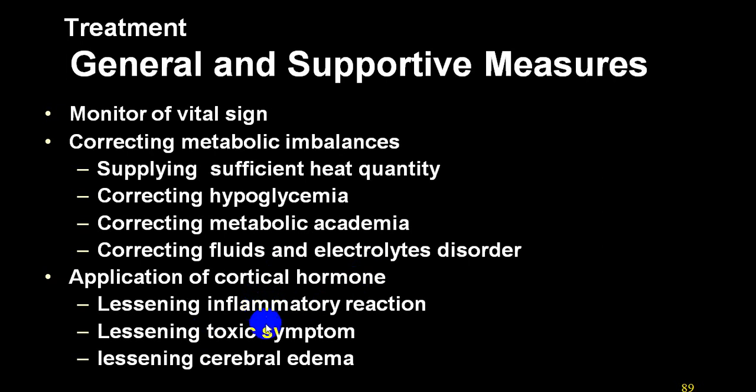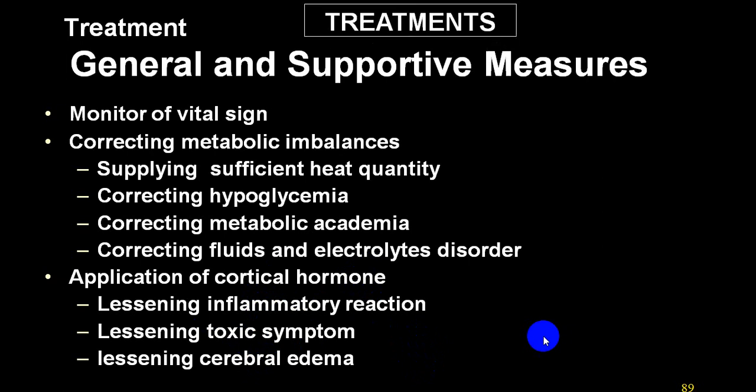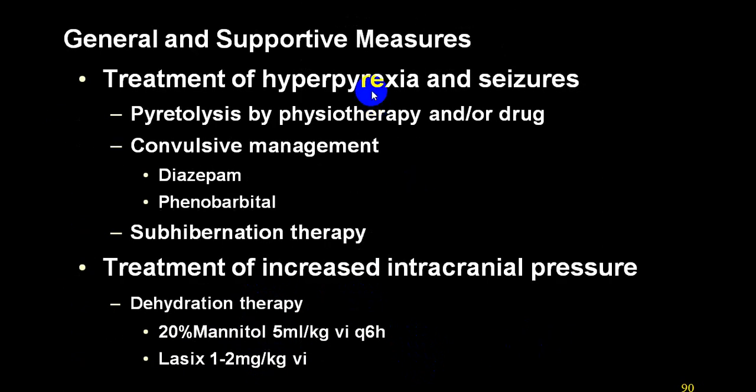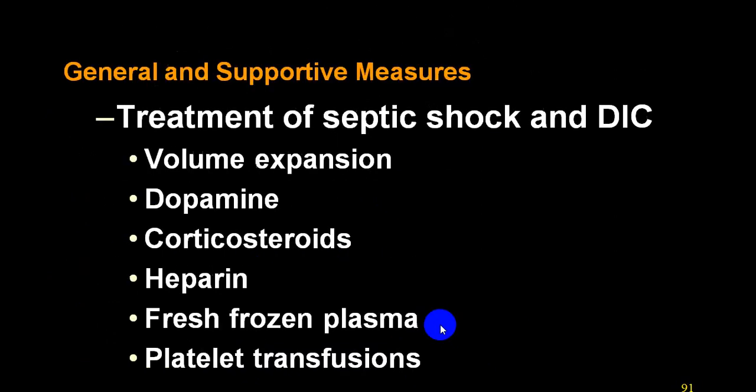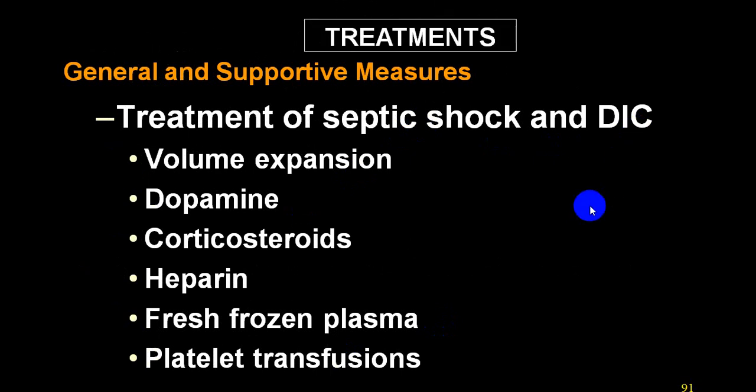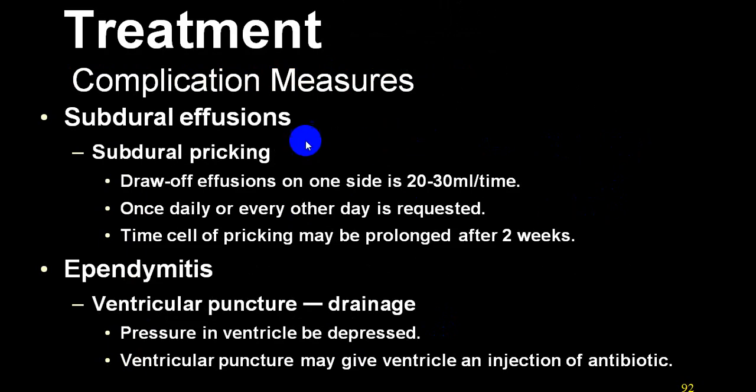Decreasing the inflammatory reaction, toxic symptoms, and cerebral edema, treatment for all those things. Then treatment of hyperpyrexia, seizures, and raised intracranial pressure, and treatment of septic shock and DIC should be done if those complications are associated.